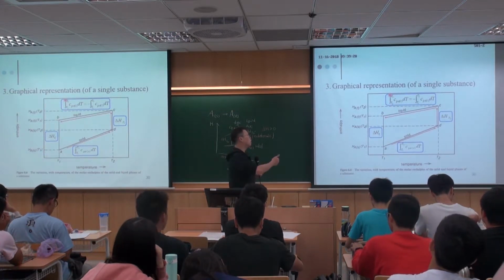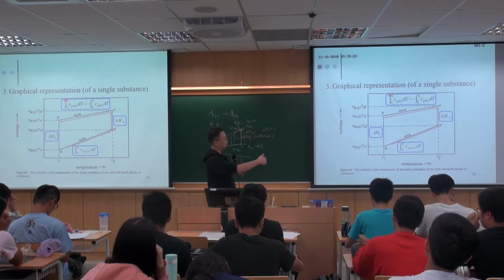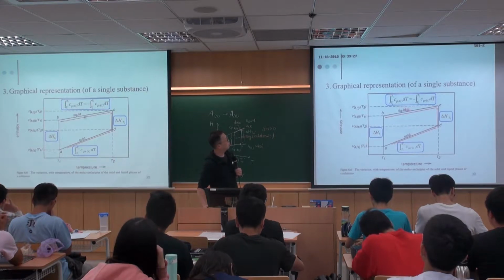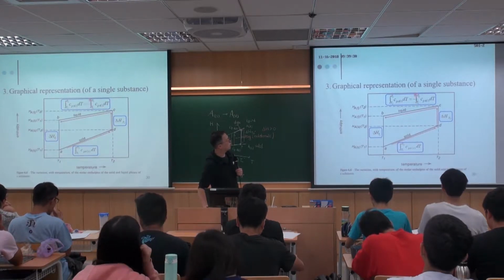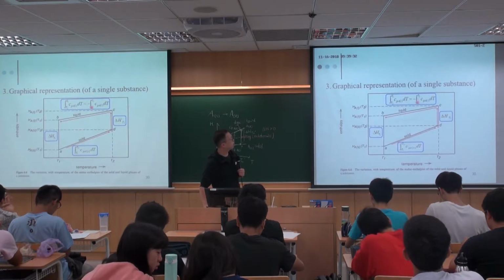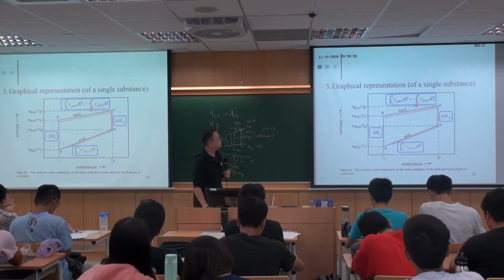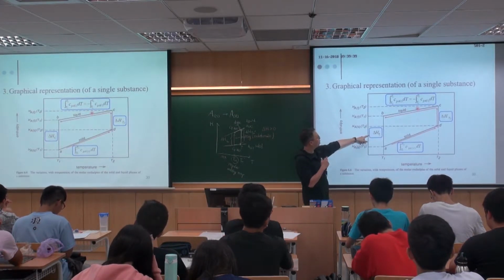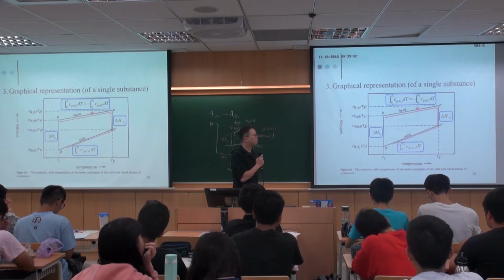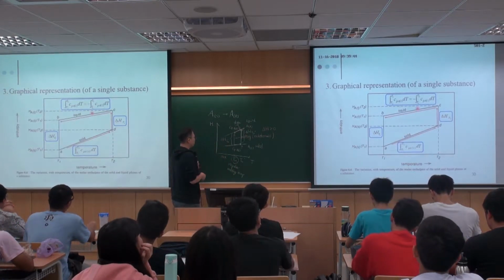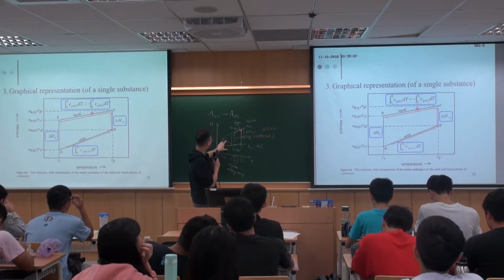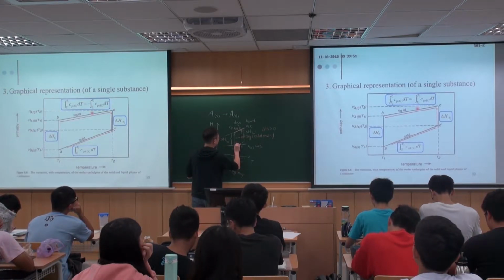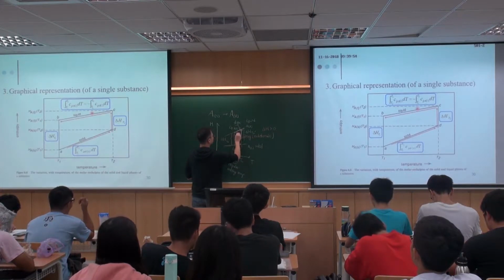But remember, if you're integrating along the horizontal axis in a reverse way, we can put a minus sign. So if you put a minus sign here, then the direction of integration will be from T1 to T2. Okay? So the concept is that if you add these three up, it should be the same as delta H T1, right? So if it's in this case, then delta H Tm, let's say this is delta H1, this is delta H2.